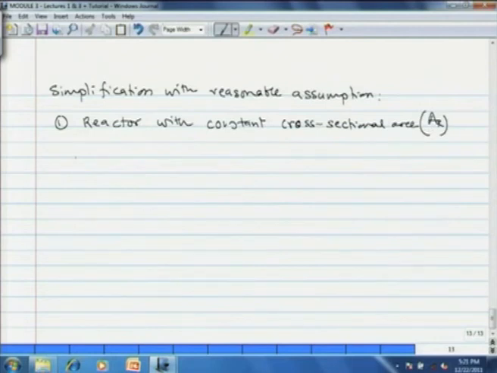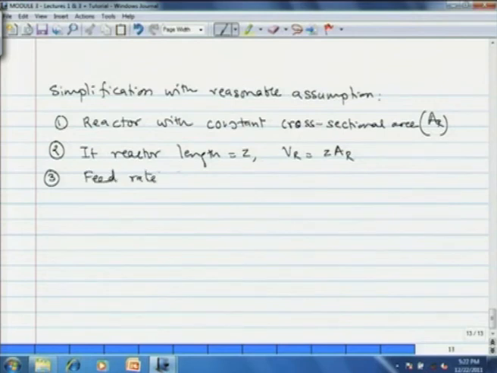Then next, if the total length of the reactor is Z, then we can calculate VR directly. VR is equal to Z into AR. We can also assume that the feed rate of component i, that is Fi naught, is constant.